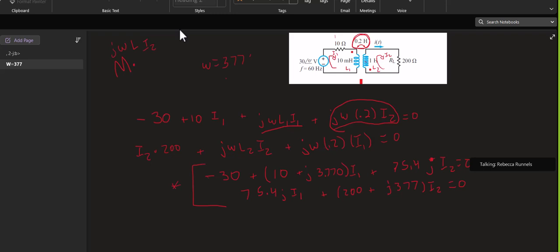And so this term gets the 0.2 because of the mutual inductance, and then the I2 is because it's going through another inductor.